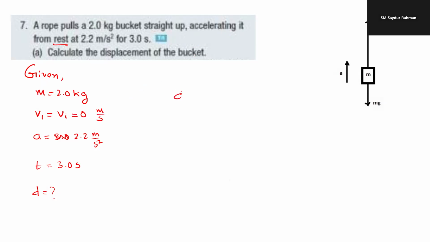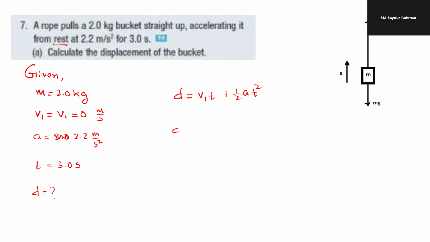Remember this equation: d equals v1 t plus half a t square, where v1 is the initial velocity, t is the time, a is the acceleration, and d is the displacement.